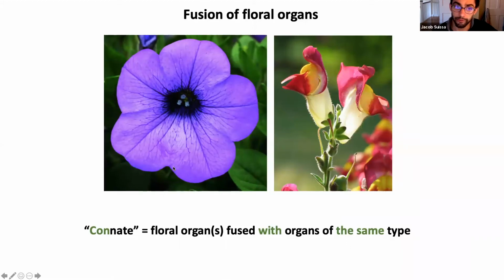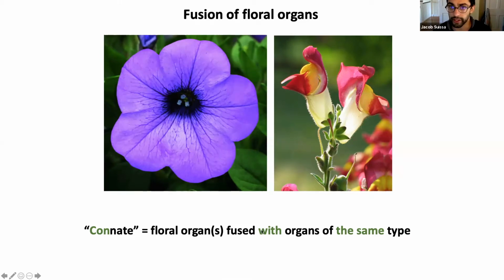Generally we think of the fusion of petals, but you can have the fusion of many other organs. Essentially, when any floral organ, or really any organ in general, is fused to another one of itself, like if multiple petals are fused, as you see here, we call that connation, or connate, right?